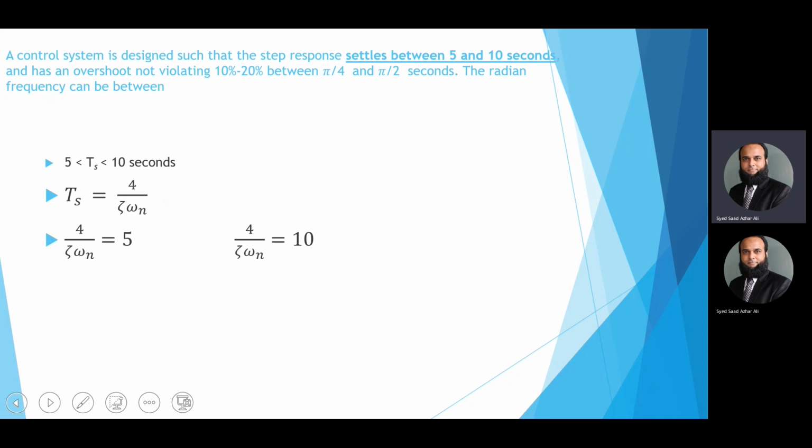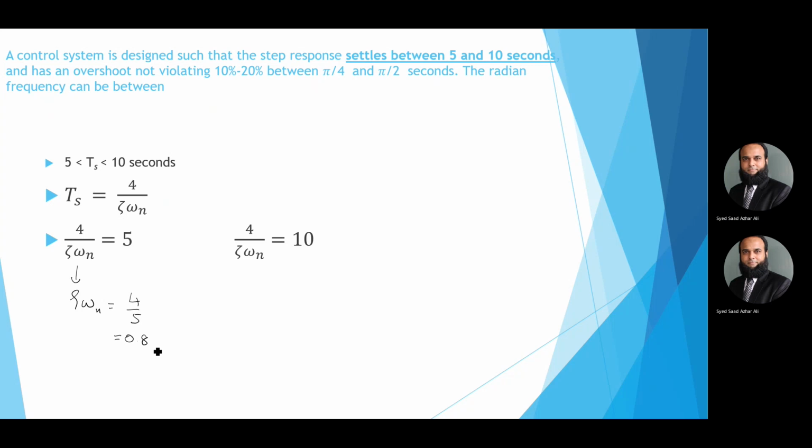From this one, zeta omega n is 4 upon 5, or 0.8. And from this one, zeta omega n is 4 upon 10, or equal to 0.4.